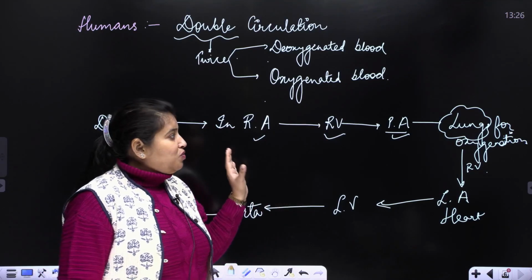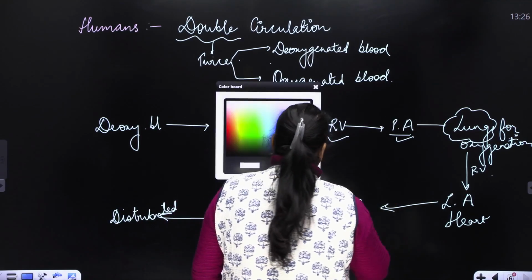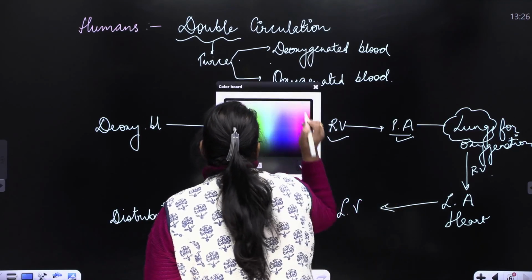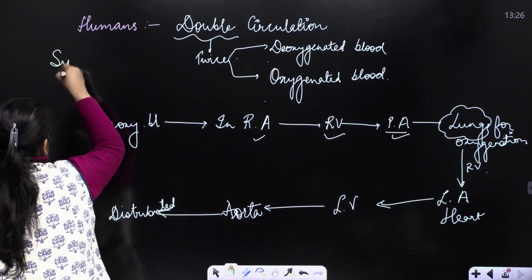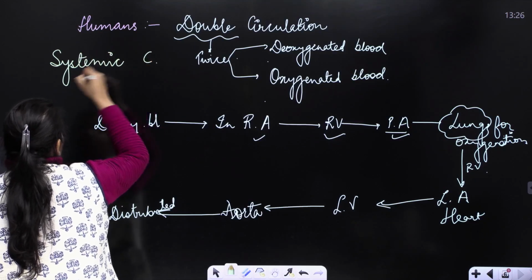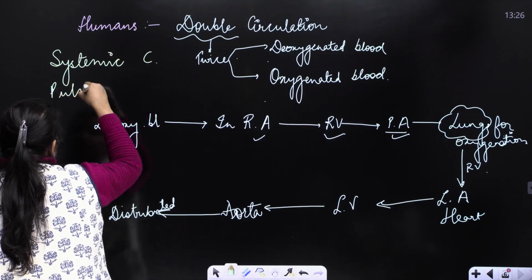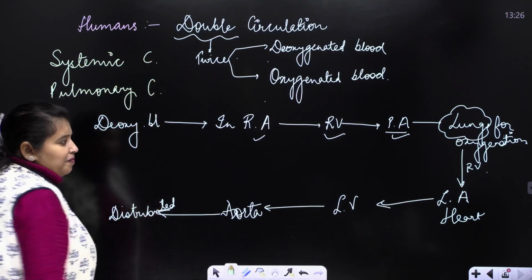Now I would like to add here 2 more terms for your knowledge, and these 2 terms are the systemic circulation and the pulmonary circulation.